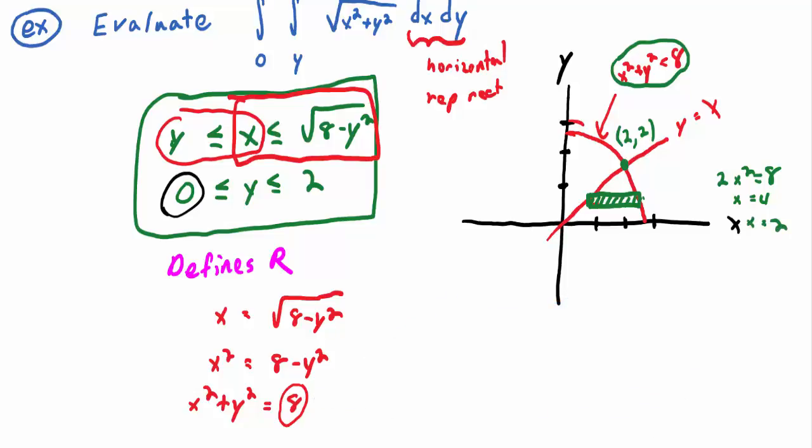And if x equals 2, y has to equal 2 because it's on the line y equals x. So yeah, this has to be right. Furthermore, for the second grouping of inequalities, y has to go from 0 to 2. You could think of any horizontal rectangle being drawn from a height of 0 up to this height of 2. So that's got to be the right picture. In other words, this has to be R. R kind of looks like a little piece of pie, I guess.